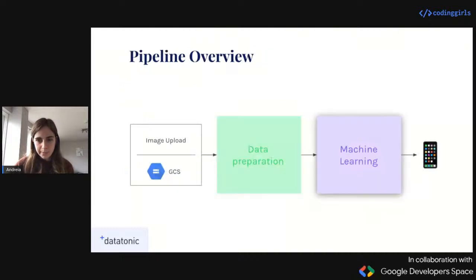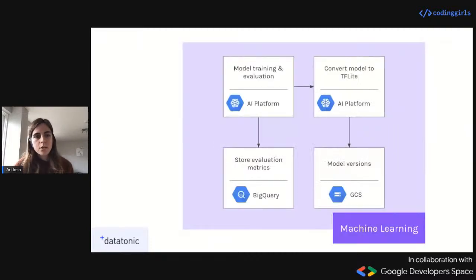So again, to the pipeline, let's look now at the machine learning step. We both trained and evaluated our models in AI Platform. AI Platform is our development platform to build machine learning models. And most importantly, it is compatible with TensorFlow, the library we wanted to use to build our model. So we built our model, and we converted it into TensorFlow Lite, on your right side, top right.